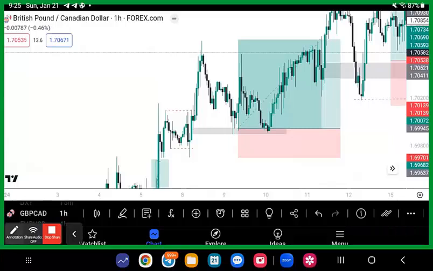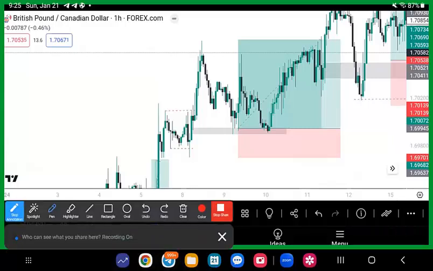So let's look at a couple of things I marked out here. Now this is a clean sweep and break, right? Now, based on the pattern I gave you in a bullish scenario, what you will have is this.